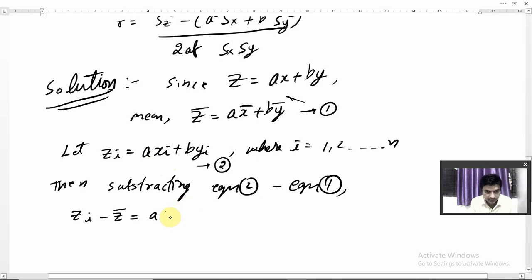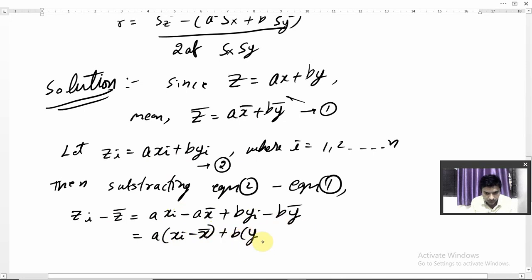So I'll take a xi first, then minus a x bar, again b yi minus b y bar. You can see easily, students, what is common in these two. a is common, xi minus x bar, plus b is common in these two, yi minus y bar.